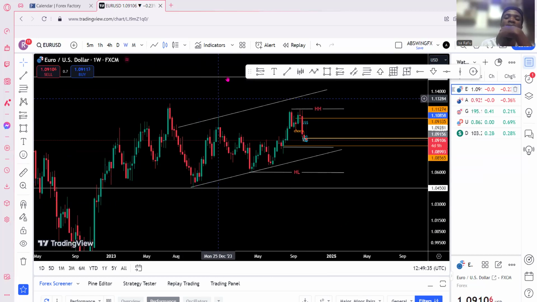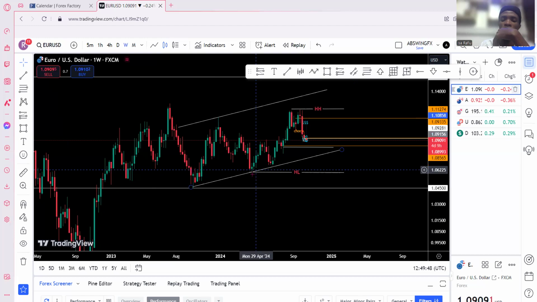Take the high. But the market refused to do that. The market changed character from here, boom, then came back to this area, came back to this area, giving what? Swing low.